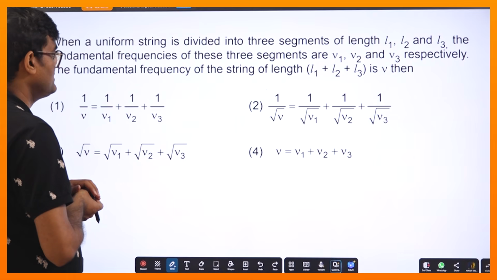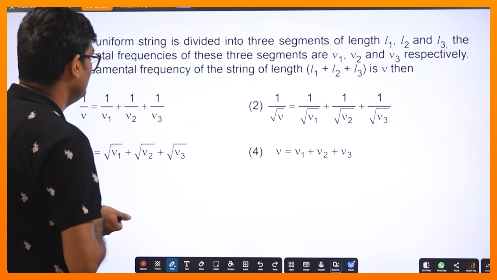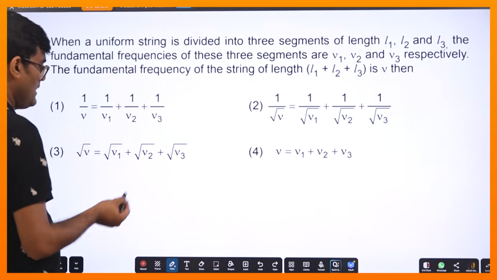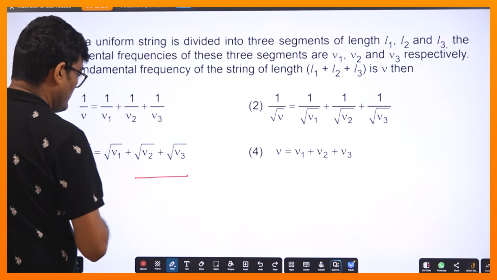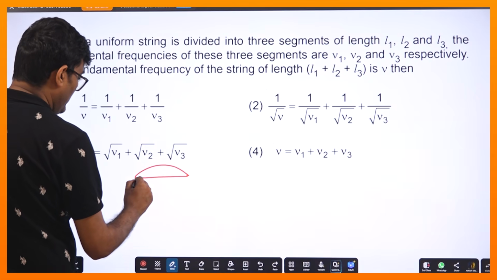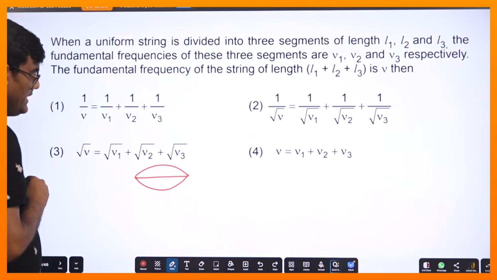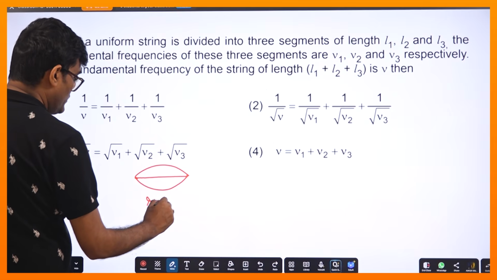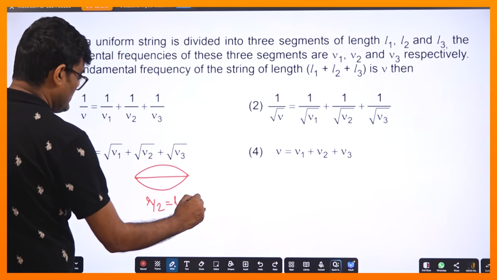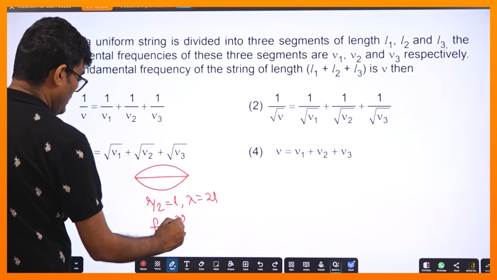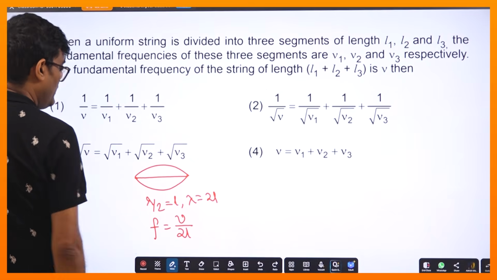What is fundamental frequency? I'm assuming both the ends are fixed. So this is what the fundamental waveform looks like, right? Fundamental frequency is this: lambda by 2 is equal to L. So the wavelength equals 2L. So the frequency is equal to V by 2L.